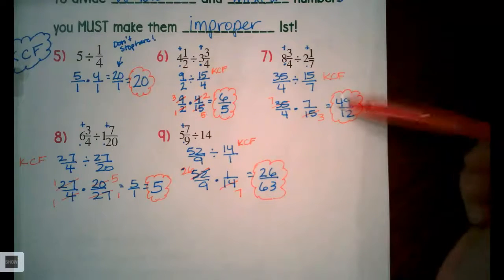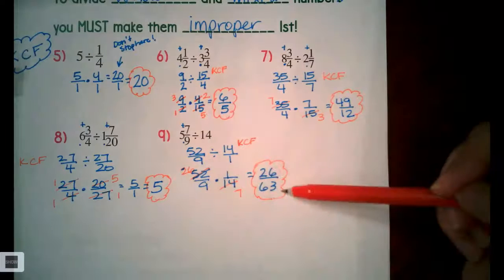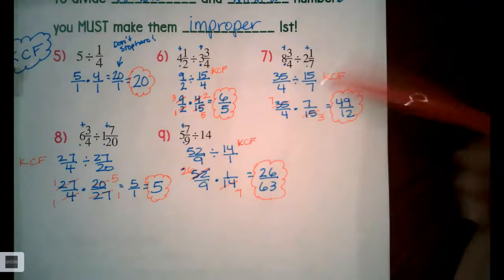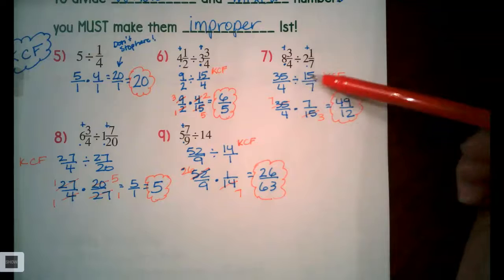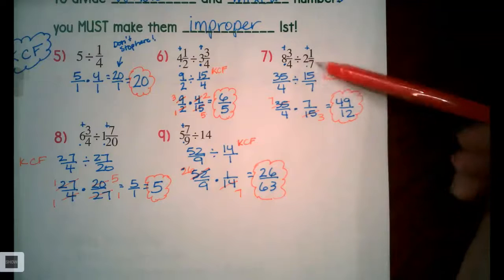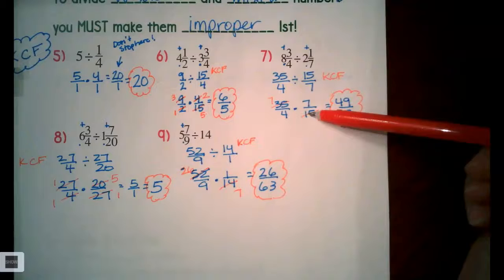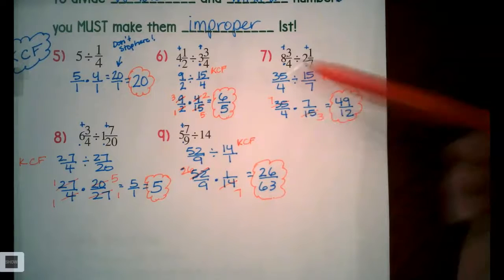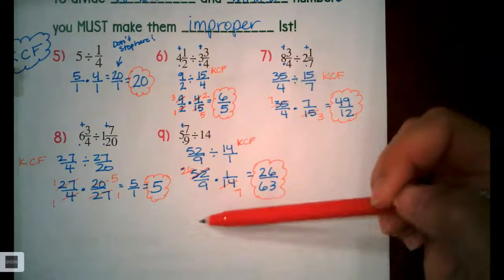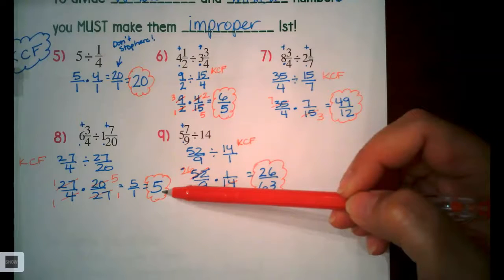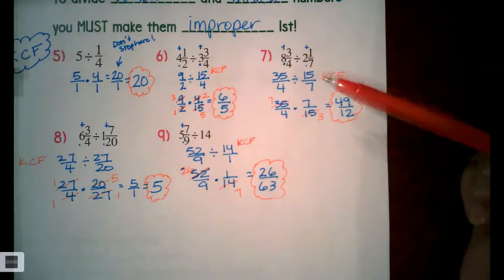Alright, so here are the answers to the last 3. I'm going to point out some common mistakes. First common mistake for all of these is trying to make them improper and flip that second fraction all in one step. I don't suggest doing that. The second most common mistake would be on this one. Remember, if it can equal a whole number, you need to make it a whole number.